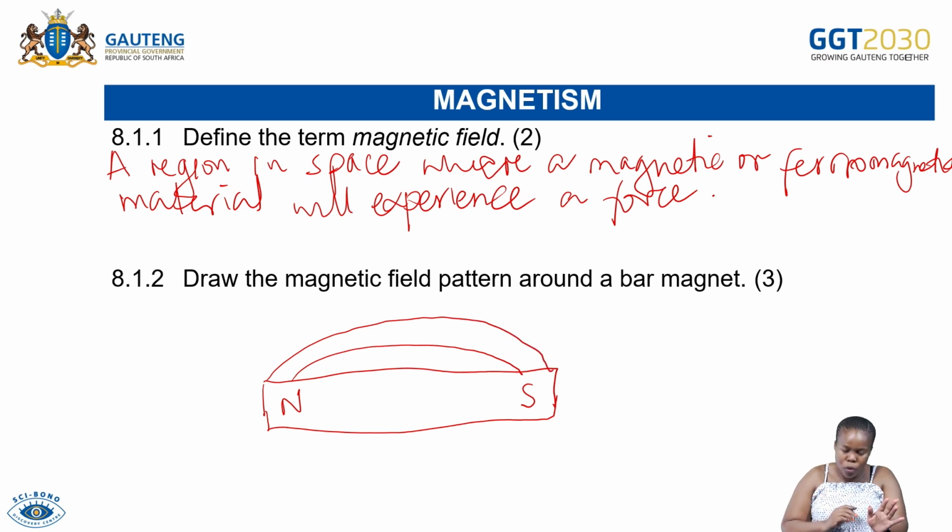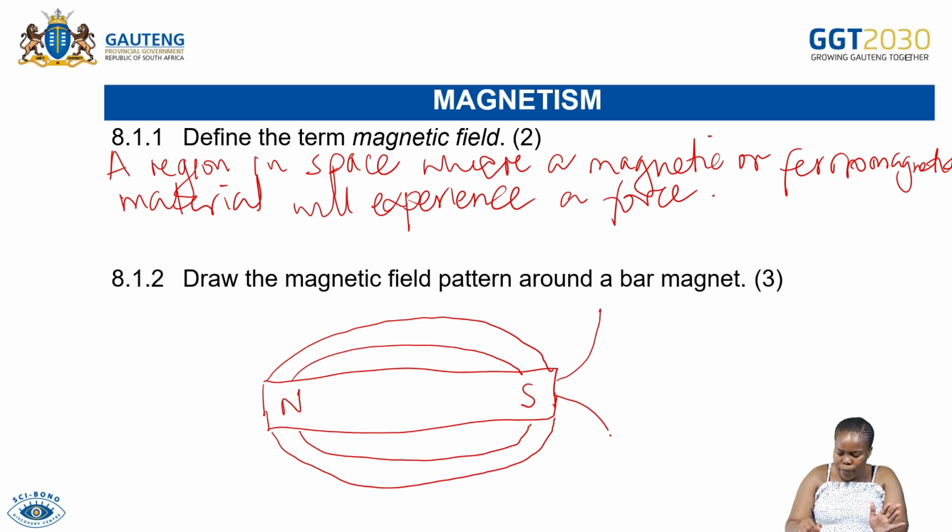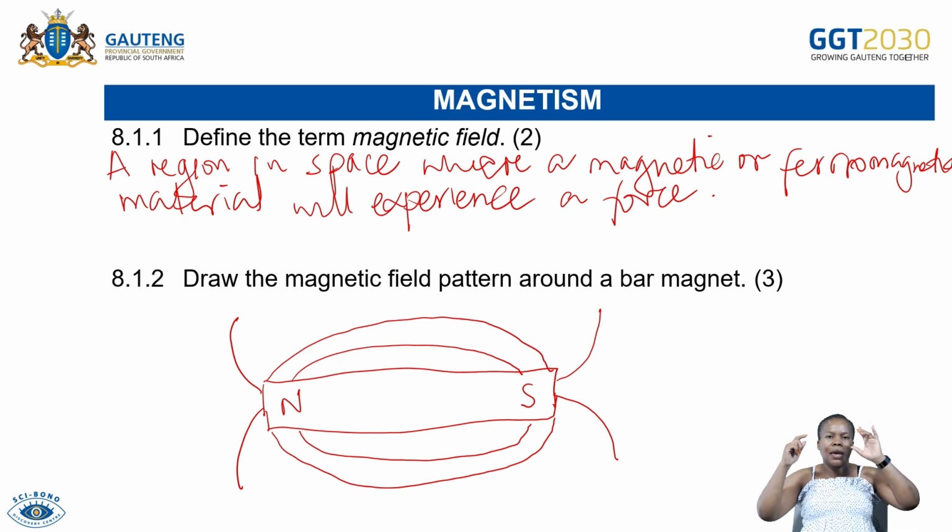Less is more. Two at the top and two at the bottom definitely gives us an idea that you really know how to draw the magnetic field lines. You can see that all of them are starting at the poles. They are concentrated, then there's less of them in the middle.